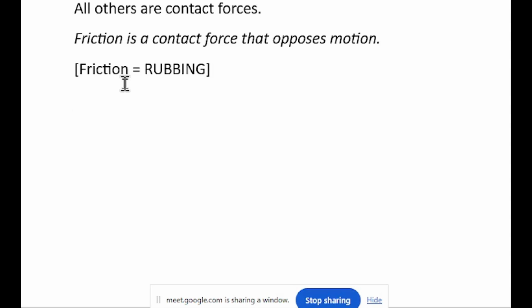But যখন এক্সামে লিখবে তখন এটা লিখবে, friction is a contact force that opposes motion. But তুমি বোঝার সময় friction মানে rubbing, rubbing মানে friction. Okay? When you understand, তোমার বোঝার জন্য সবসময় think friction মানে rubbing. But when you write in the exam, you will write this one: friction is a contact force that opposes motion.